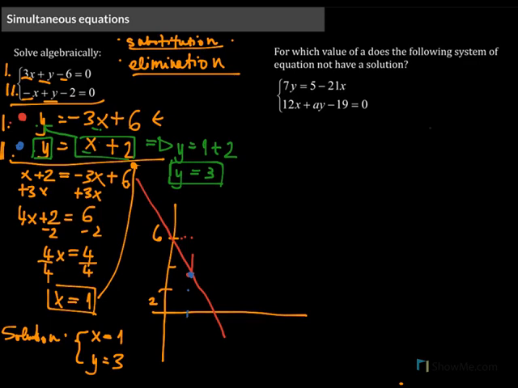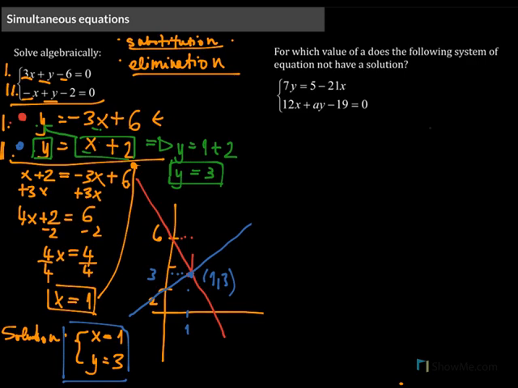And this point, we could actually see this 3 as we were evaluating the slopes. This is that point of intersection we got here. Yep, so this is the graphical solution to the system of equations.